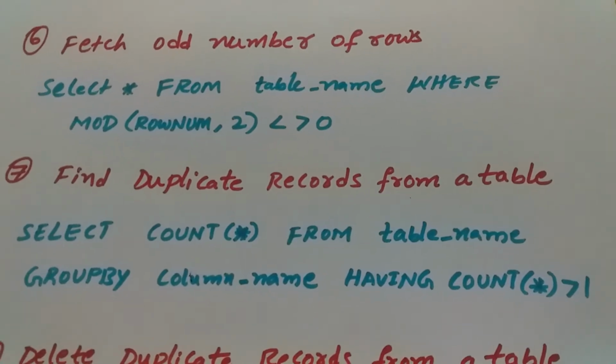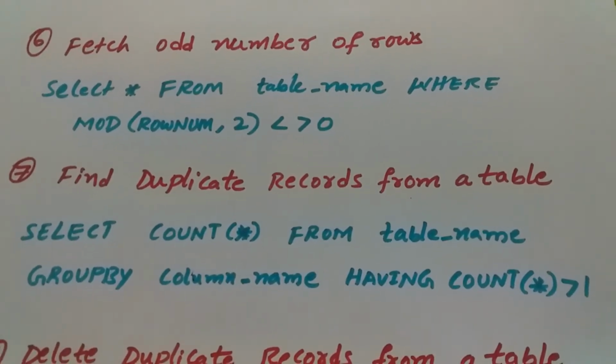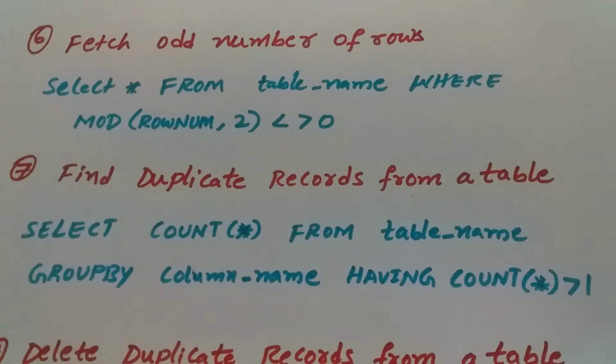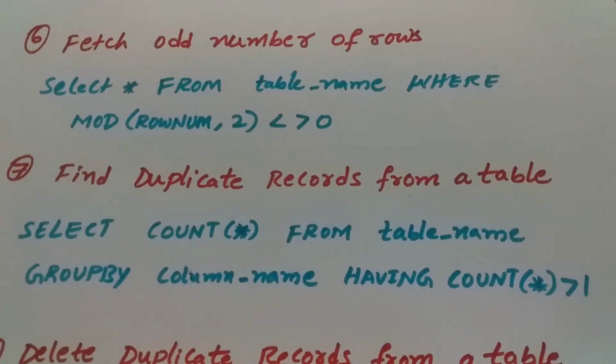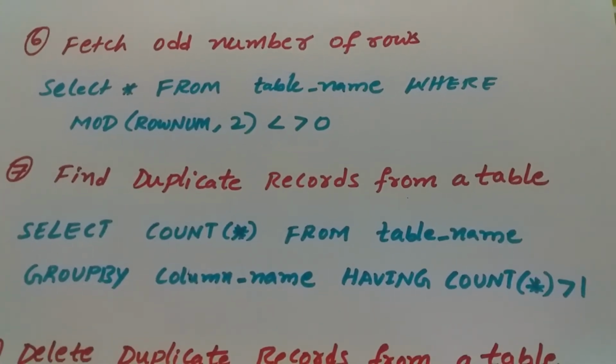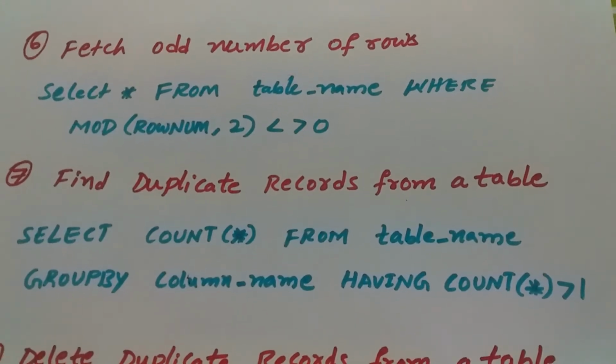So suppose if the grouped data is more than 1, then it returns the count, the number of records.